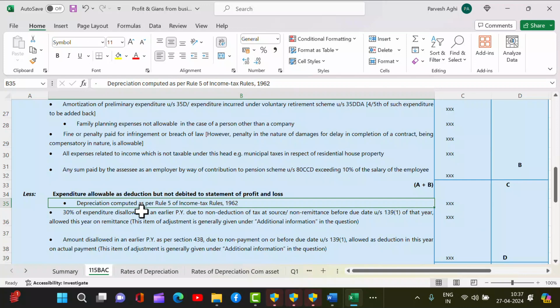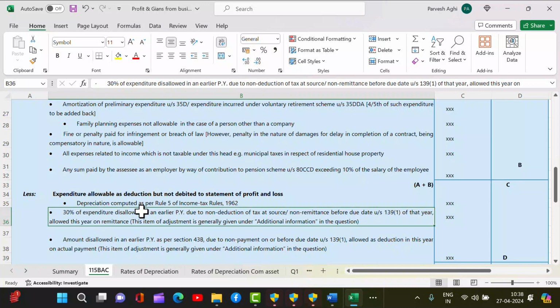Dia, can you read? Yes, sir. Depreciation computed as per Rule 5 of Income Tax Rules 1962. Okay, so this we have covered. Further: 30% of expenditure disallowed in earlier PY due to non-deduction of tax at source or non-remittance before the due date under Section 139(1) of that year, allowed this year on remittance.